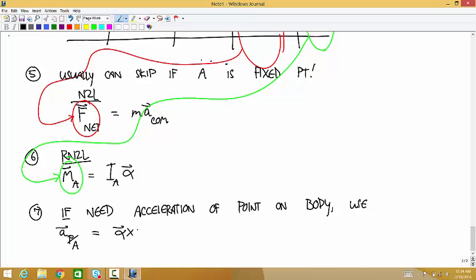So alpha cross r plus omega cross quantity omega cross r. That last one is going to come up a lot when we start doing linkages.